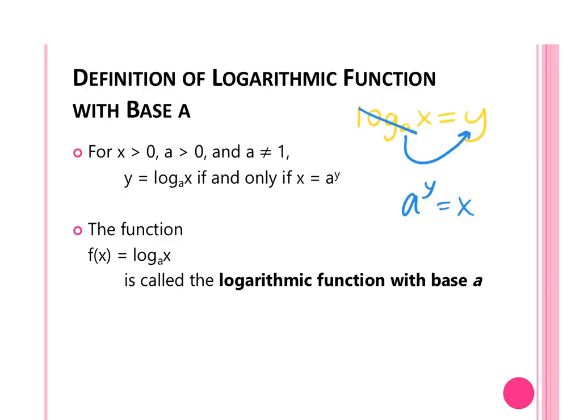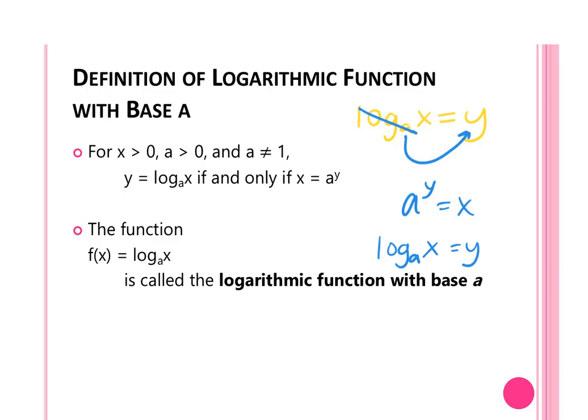So here my A and my X are together. They part ways when I put it into exponential. And vice versa, if my statement is exponential and I want to write it in log, the base on the exponential function becomes the base on the log. So this would be log. The A becomes the base on the log, and the A and the Y part. So the Y goes to the other side, and the X joins the log. So the two that are together at the beginning never stay together in the next statement, okay?